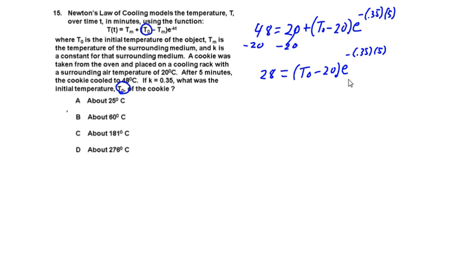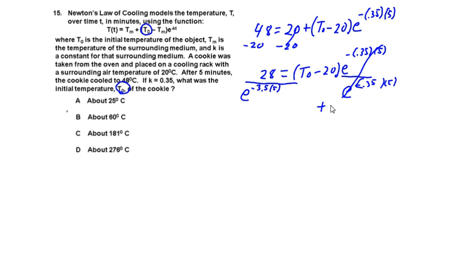Our unknown is right here, so we can divide by e to the negative 0.35 times 5, and they cancel out. What we have left is t sub 0 minus 20.